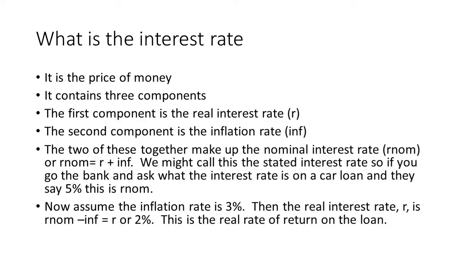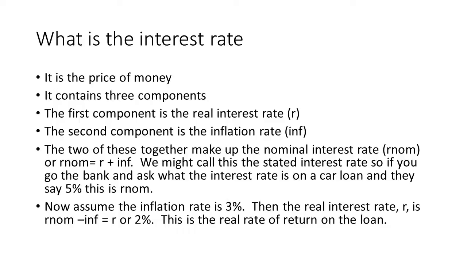That's what we mean by the real interest rate, and as we go through the formula here, you'll see how that works. The second component is the inflation rate, and we're going to use the symbol INF for that. The two of these together make up the nominal interest rate, RNOM, and RNOM is equal to R plus INF. So the nominal interest rate is equal to the real interest rate plus the inflation rate.